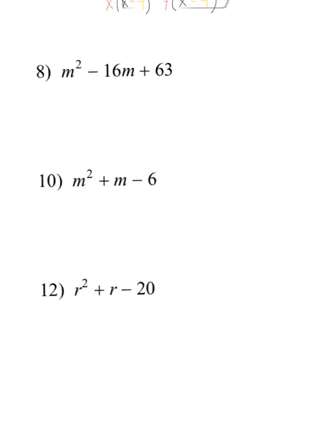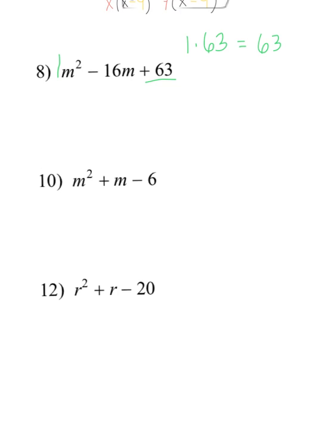We'll do a couple problems from the homework, starting with number 8. So again, we're going to multiply the leading coefficient and the constant. So in this case, 1 is the leading coefficient times our constant, which is 63. 1 times 63 is 63.